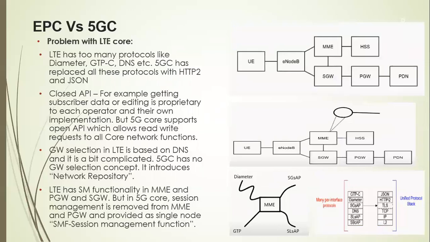That means every operator will use their proprietary APIs to interact between different entities within the core network, not towards the RAN. I'm talking about the interfaces towards the core network entities, using which all the core network entities in any legacy network communicate. Even in 5G, the interfaces between the RAN and the 5G core remain reference-based, interface-based architecture only.